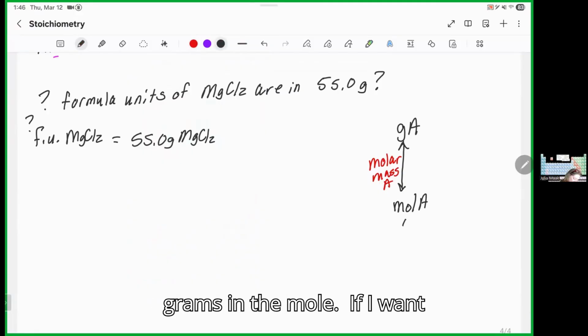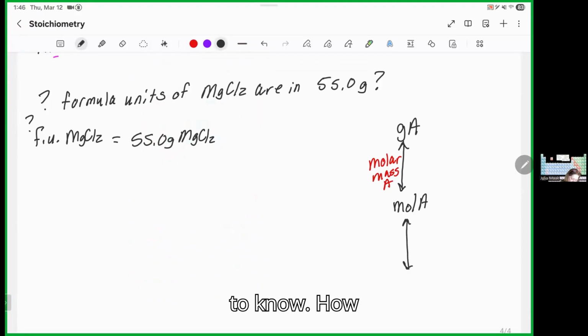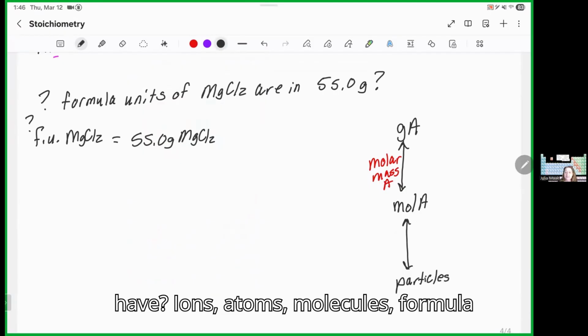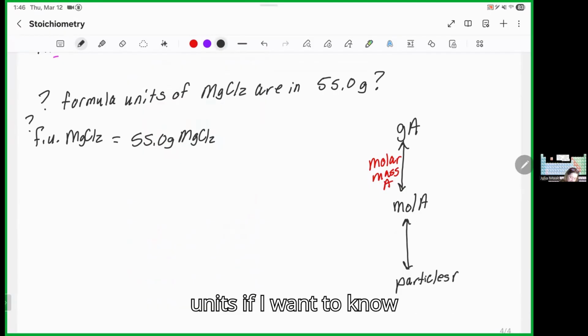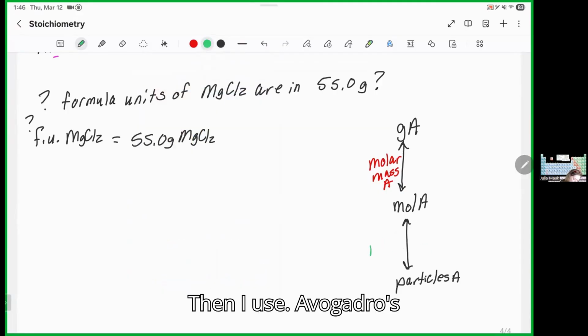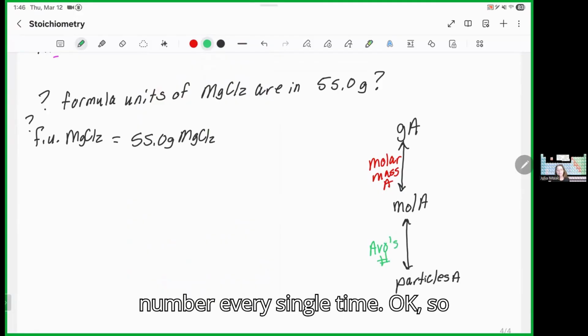If I want to know how many particles of that chemical I have, ions, atoms, molecules, formula units, then I use Avogadro's number every single time.